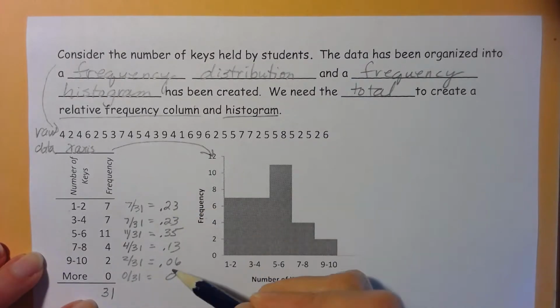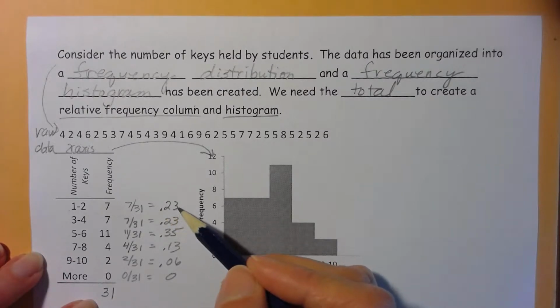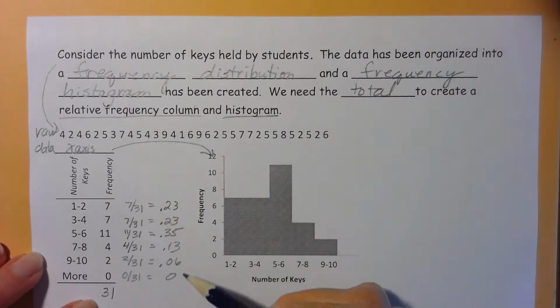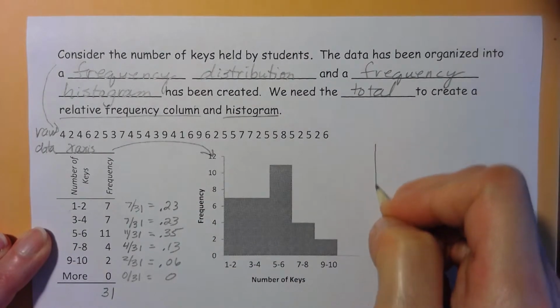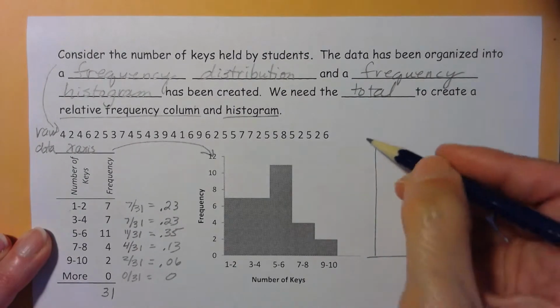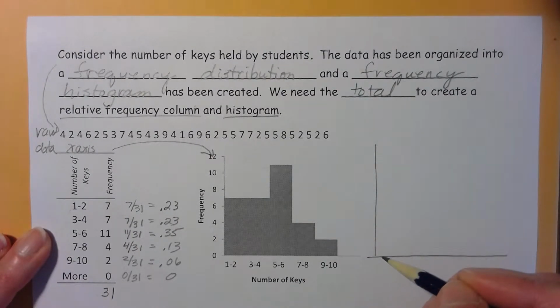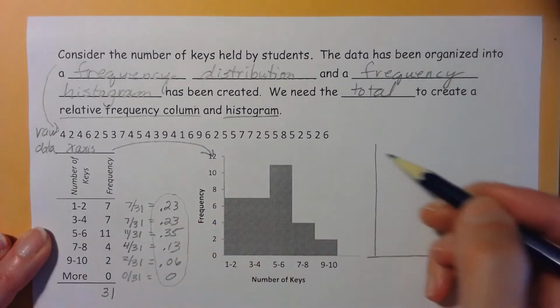Okay, so we recognize that you could go ahead and move the decimal 2 places to the right and write that as 23%. But I want to warn you that most relative frequency histograms are going to have a y-axis that has the relative frequency in decimal format. So this is the column that we are going to use here.